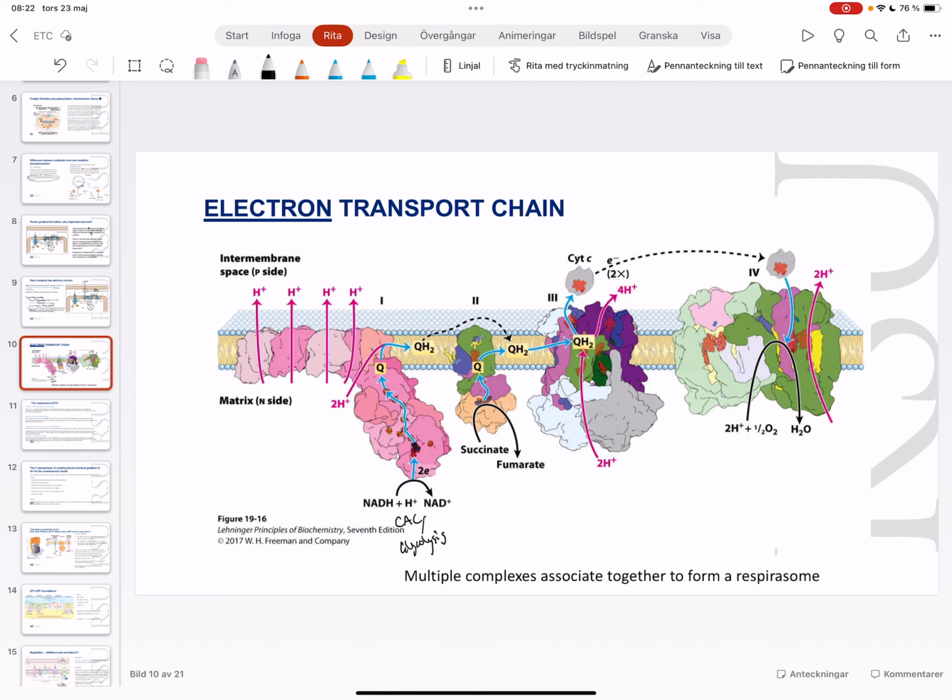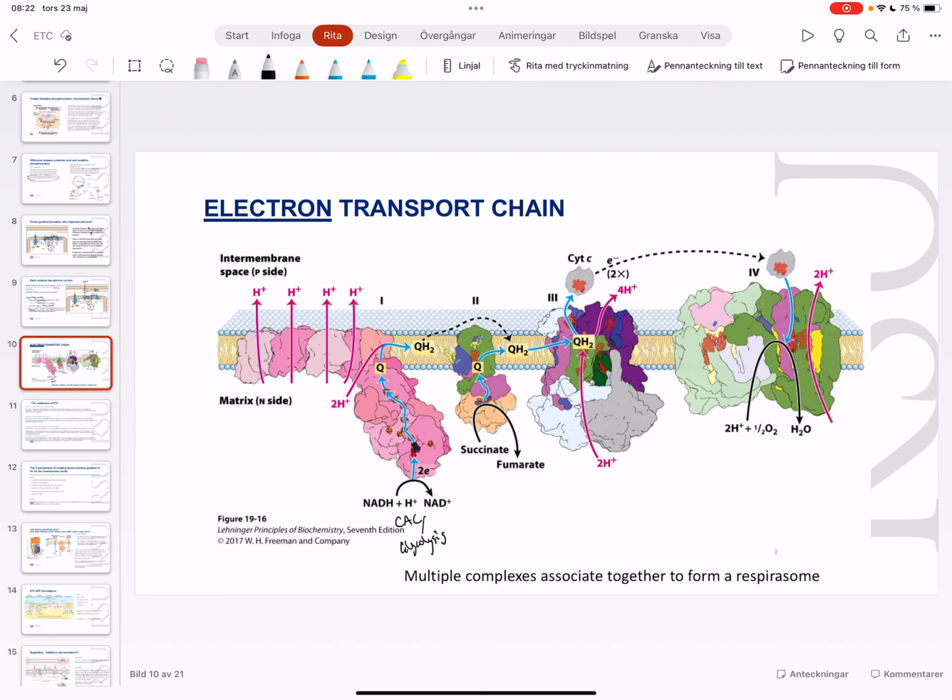Okay, then we can go to complex number 2. So the electron transport chain can either start from complex number 1, or it can start from complex number 2. Complex number 2 is directly attached to the citric acid cycle, together with the enzyme succinate dehydrogenase. So if the citric acid cycle is right here, succinate dehydrogenase would be right here.